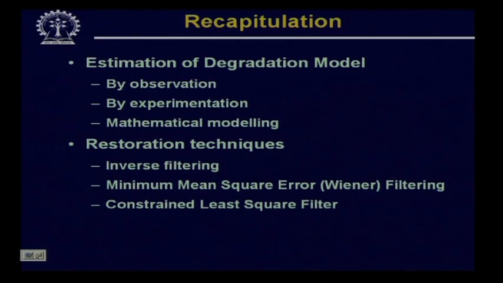Then we have also seen the corresponding restoration technique, and in our last class we talked about the inverse filtering technique, and today we will talk about the other restoration techniques which also make use of the estimated degradation model or the estimated degradation function.